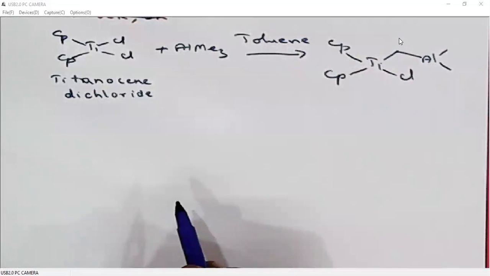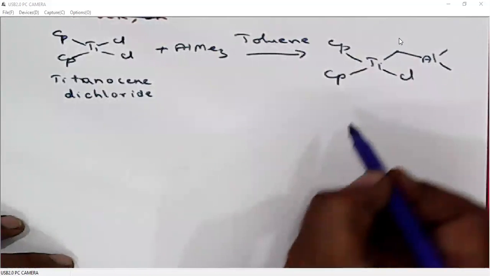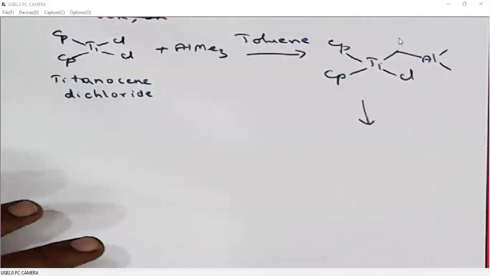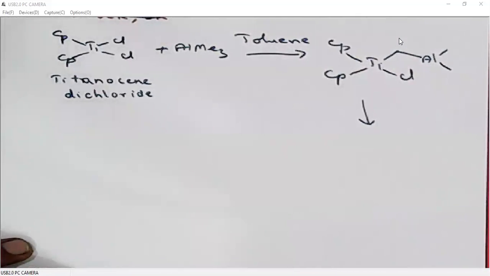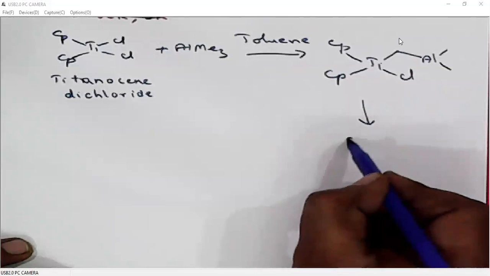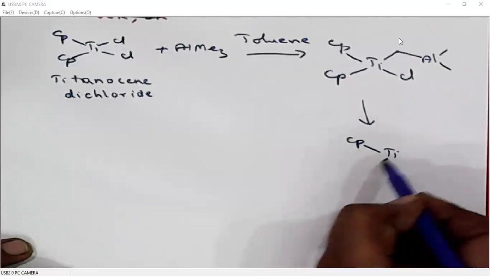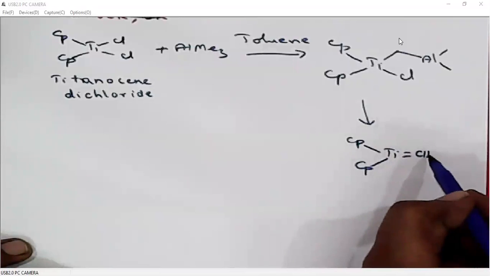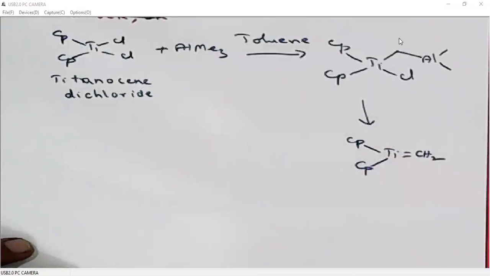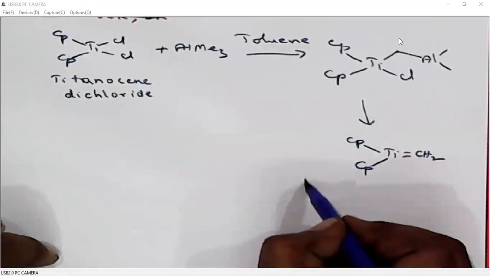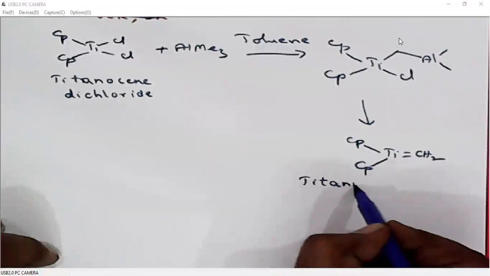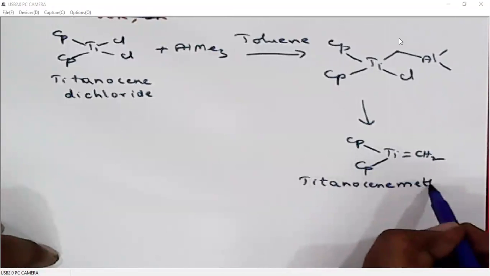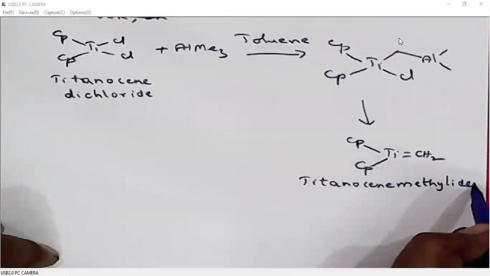This is the Tebbe catalyst. Of course, under the reaction conditions, it undergoes further decomposition to generate titanium carbene, or what we can say titanocene methylidene.